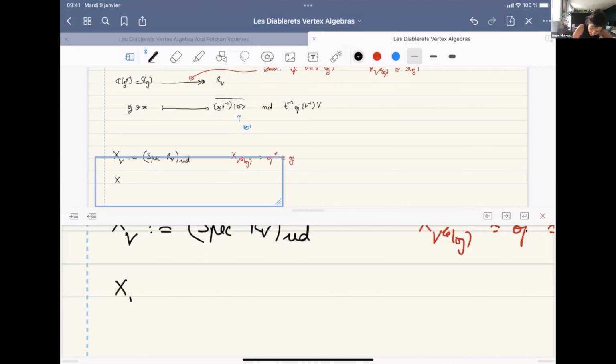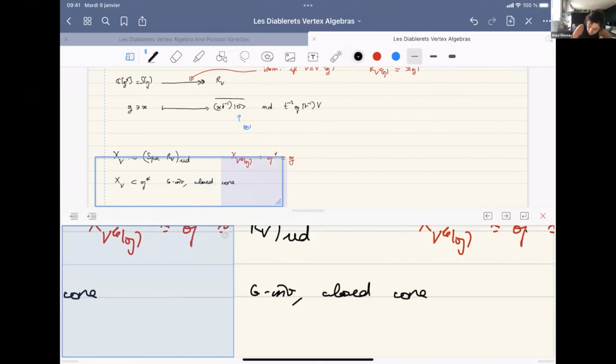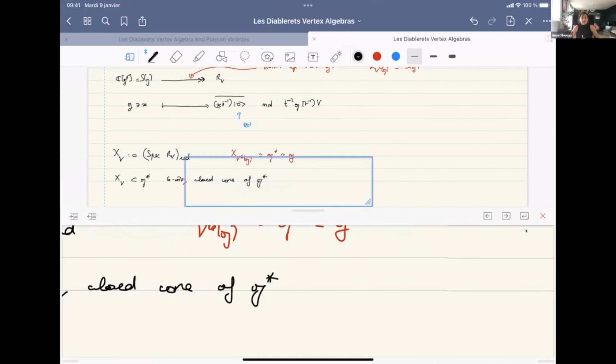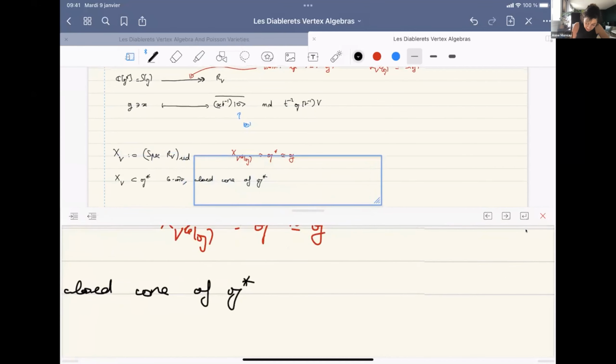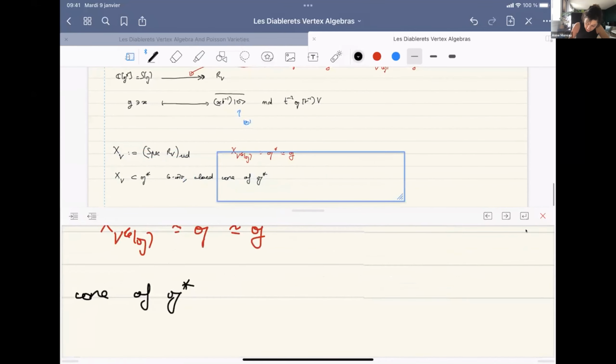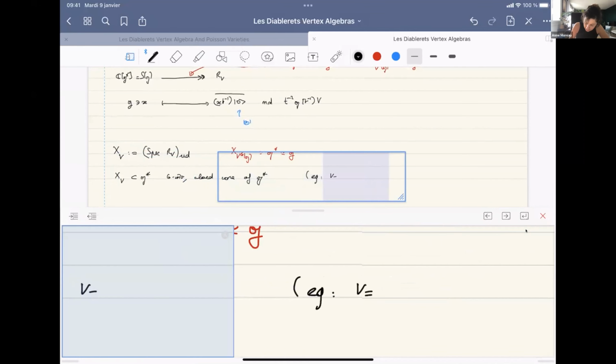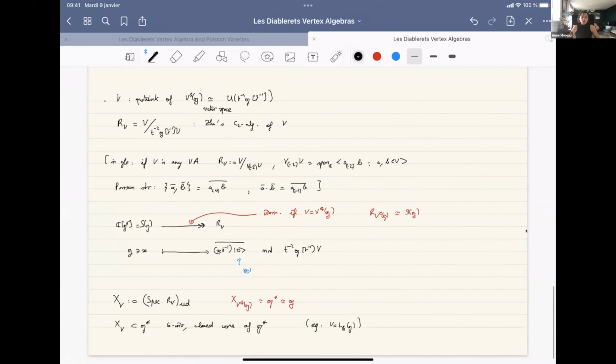And in general, for any quotient, this is a G-invariant closed cone of G star. All right, and okay, so this is just what I want to say. And so in particular, it works if V is a simple quotient. But in general, it's difficult to compute these varieties. But we have families where we can compute it.